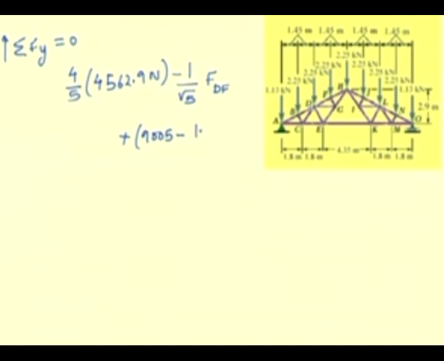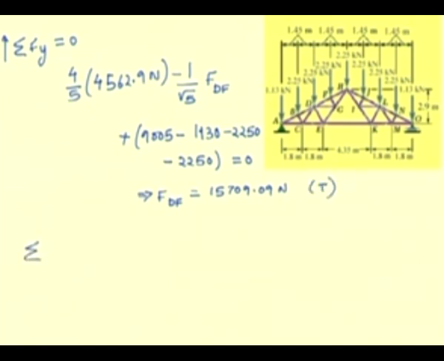We have 1130 Newton at A, we have 2250 Newton at B, and another 2250 at D. So, the sum of all the vertical components has to be 0, and this results in the force in DF as 105,709 Newton, and since this is a positive quantity, again it is a tensile force.